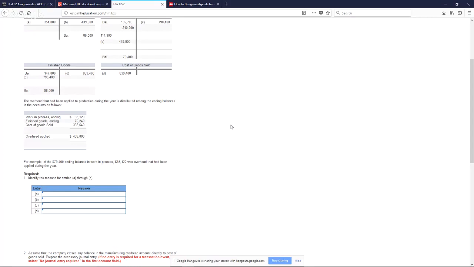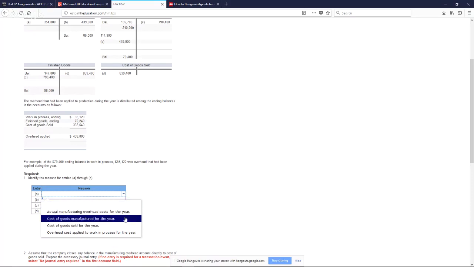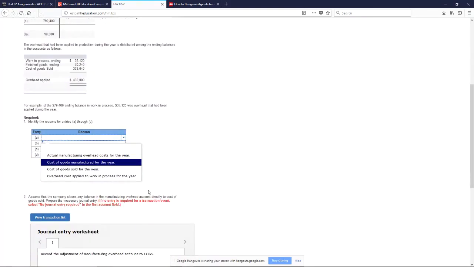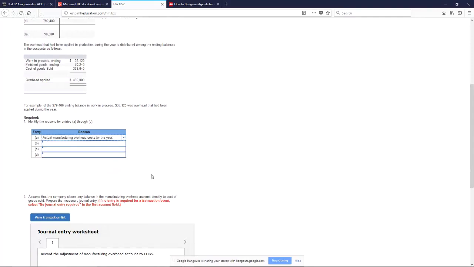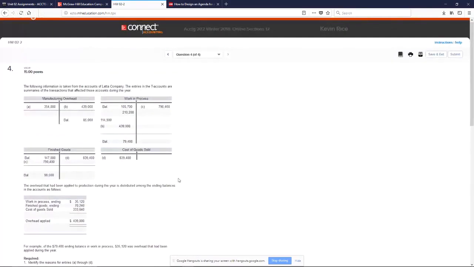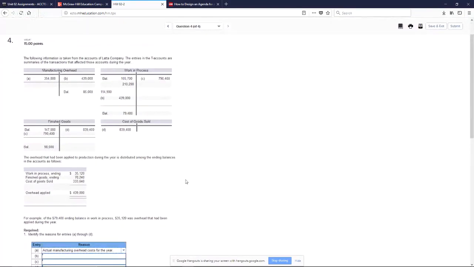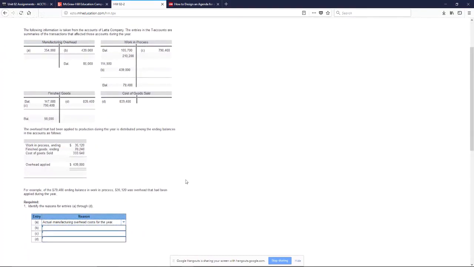So entry A was a debit to the manufacturing overhead, and I put that was the actual manufacturing cost for the year. Yep. Okay. I think that's right. And then B, that's a credit to the manufacturing overhead, and that's done by the predetermined numbers, right?